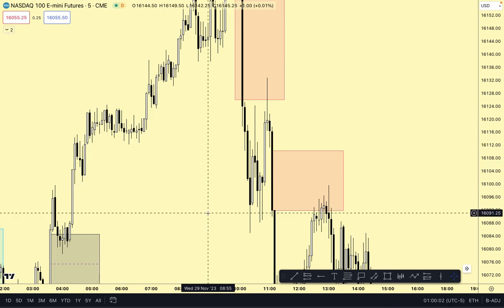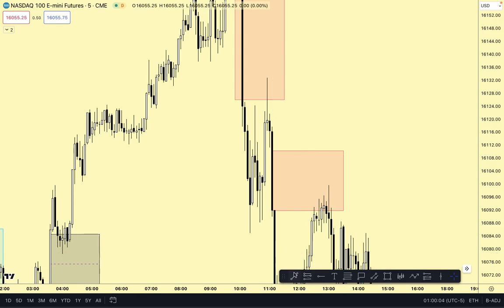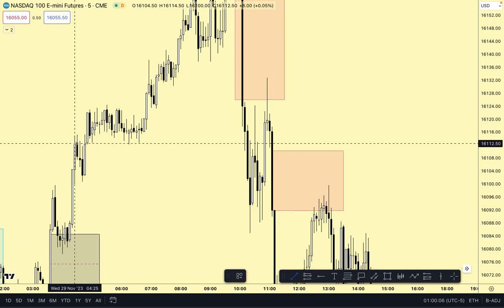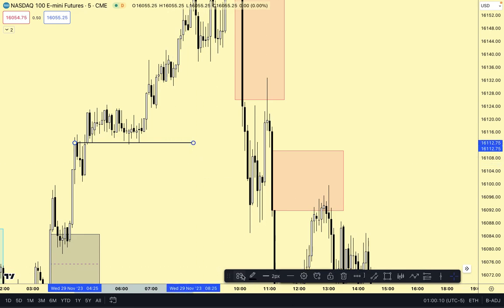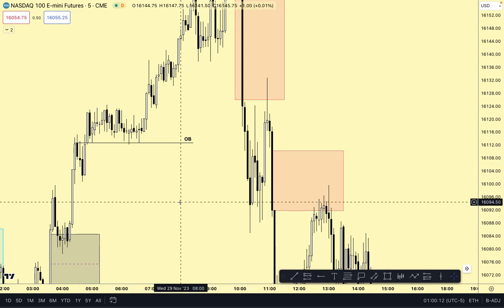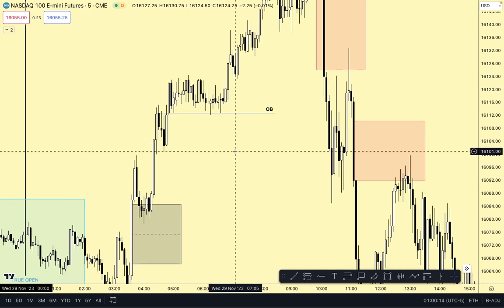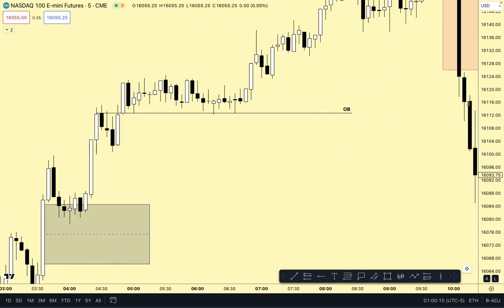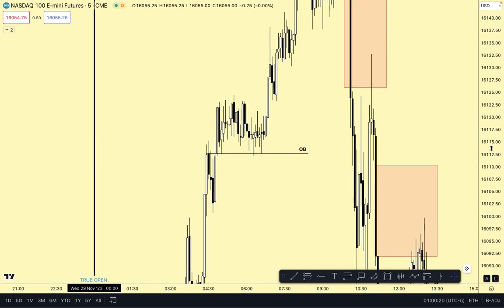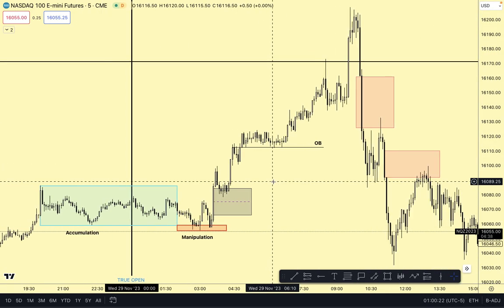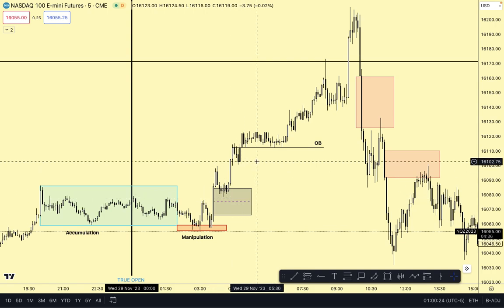Order block there. That's the second stage, redistribution. Reaccumulation. So order block. First stage.